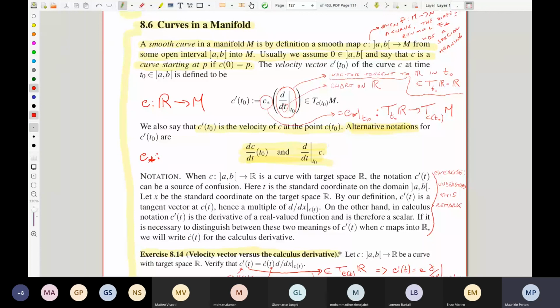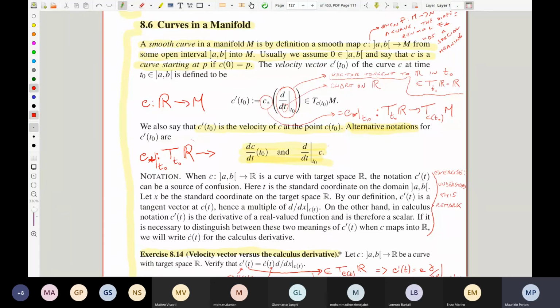Well, let's say C star at the point T0, a point in R. This map goes from the tangent space to R, which is just R, but a different R, just like the tangent space to Rn was different from Rn.